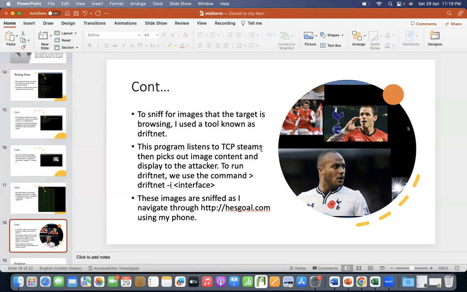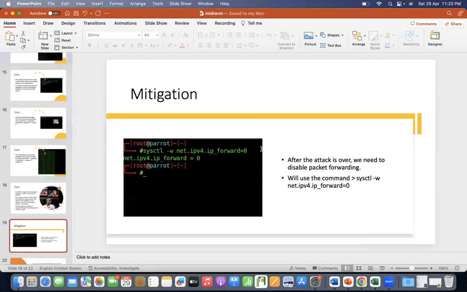This program listens to the TCP streams, then picks out the image content and displays it to the attacker. To run Driftnet, we use the command driftnet -i and the interface name. These images are sniffed as I navigate through HTTP sites using my phone. And next, here is the mitigation.